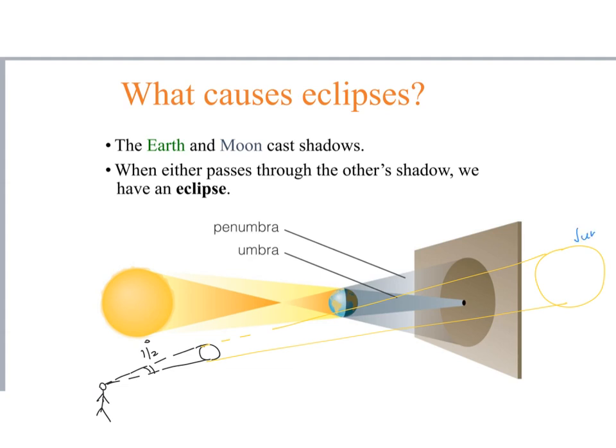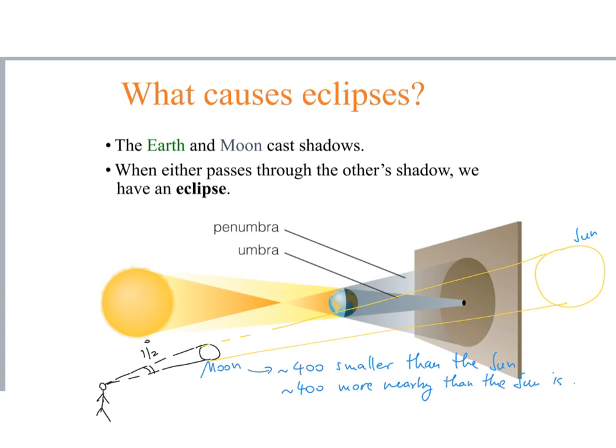So this is the sun and this is our moon. The moon is about 400 times smaller than the sun, but it's also about 400 times more nearby than the sun is. The sun is 400 times further away than the moon is.